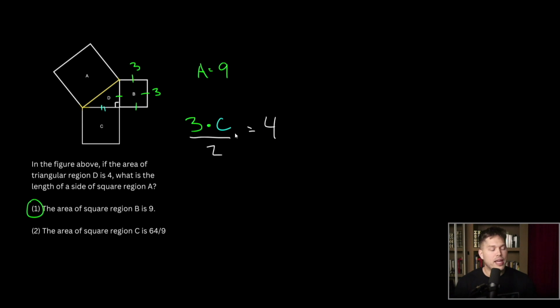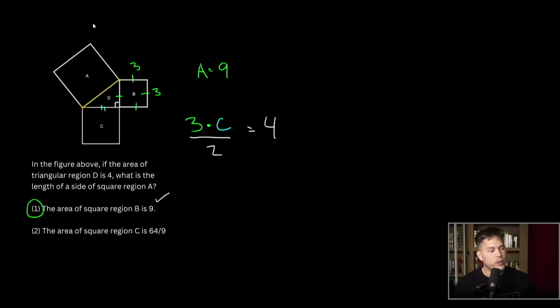And so we would be able to solve for C. And then once we have side length C, we could use Pythagorean's theorem to solve for A. So statement 1 is sufficient. Again, we don't have to actually solve for the side length in question. We just need to determine if it's possible. And statement 1 is possible.